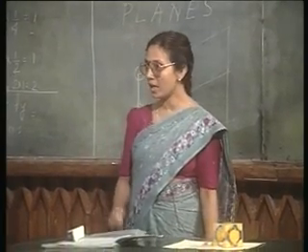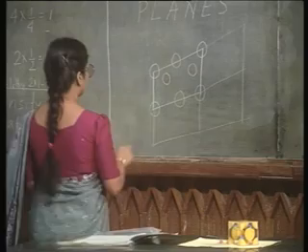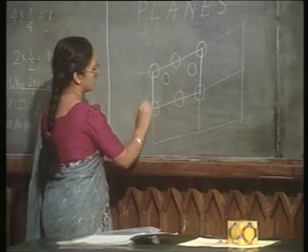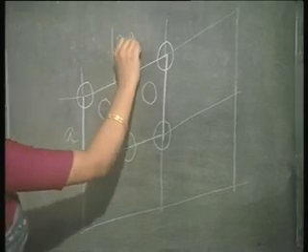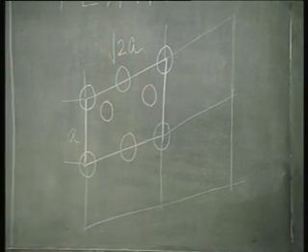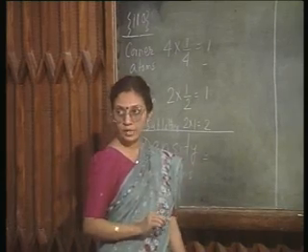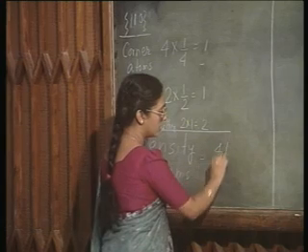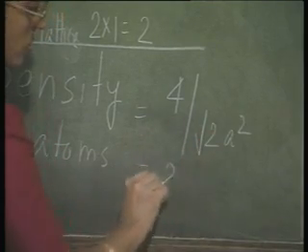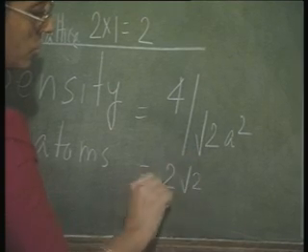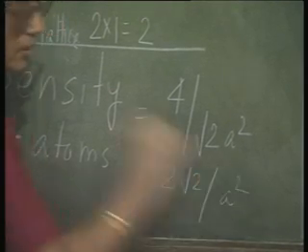And what about the area of this 110 plane? You know, this side is actually A and this is root 2A. Therefore, the area is root 2A square. Therefore, the density is going to be 4 by root 2A square, which is equal to 2 root 2 by A square.